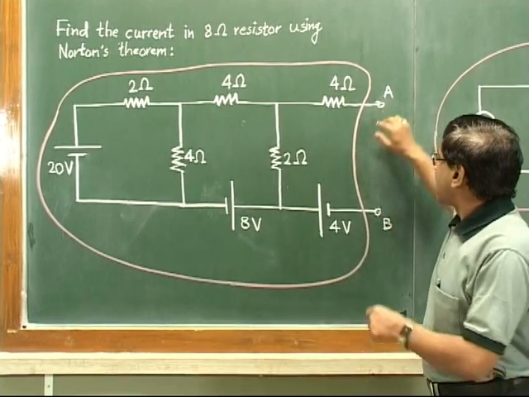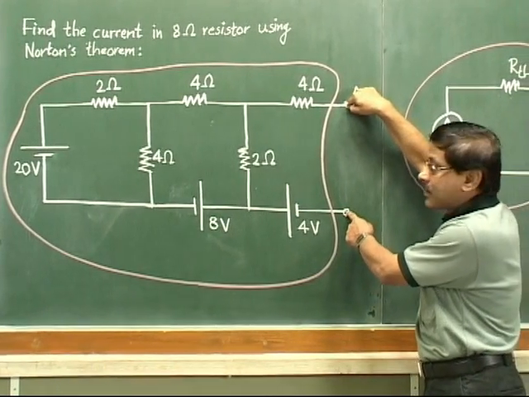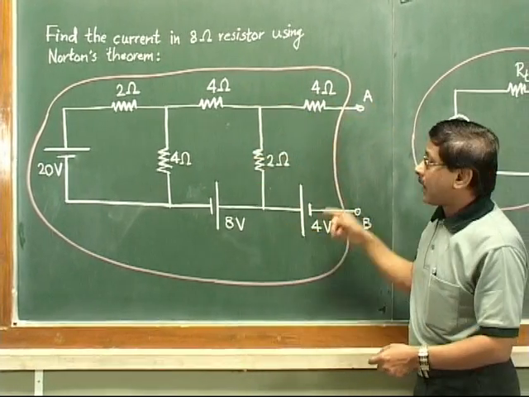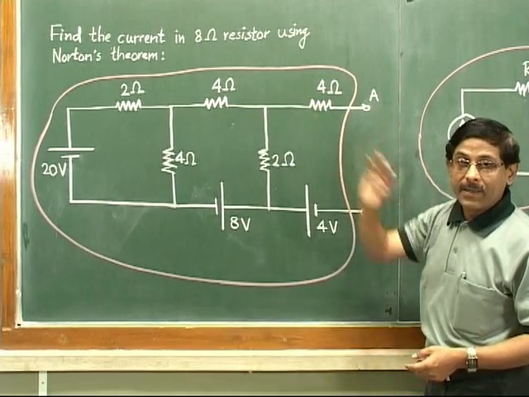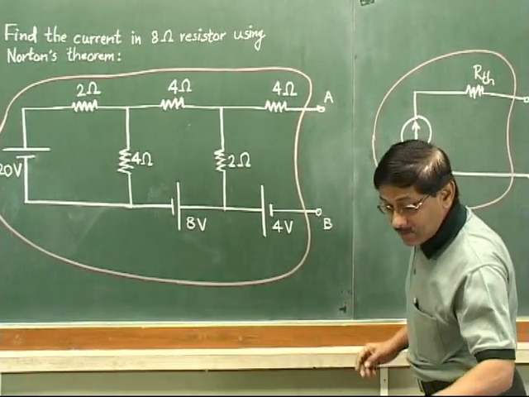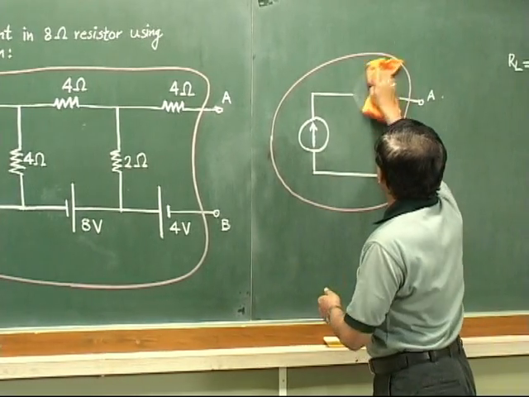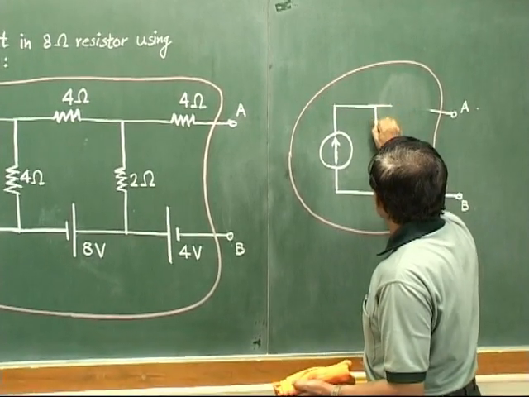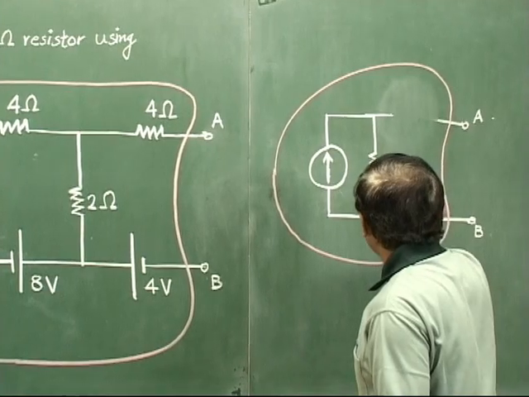So here we find a single value of equivalent resistance given by the entire passive network enclosed in this red line. And then we connect this resistance not in series like this, but here in parallel with the current source. So the things will be represented like this.